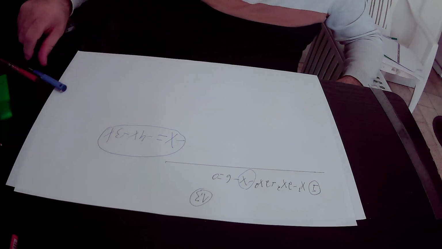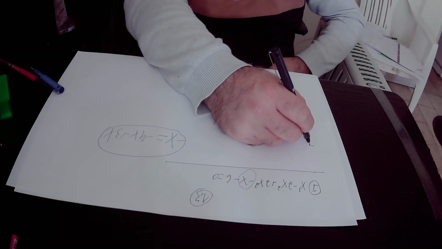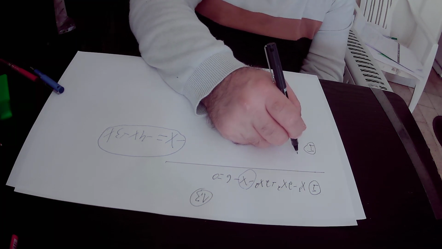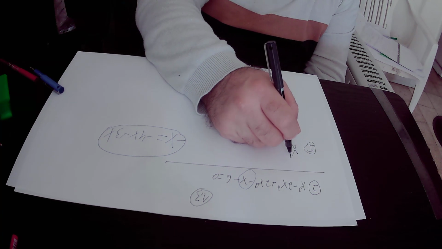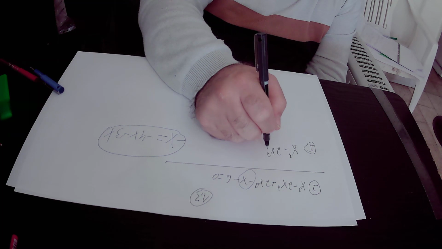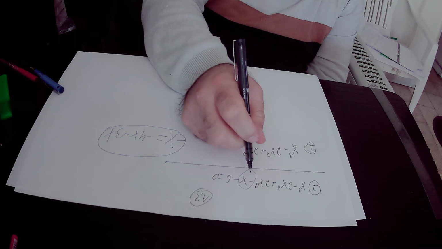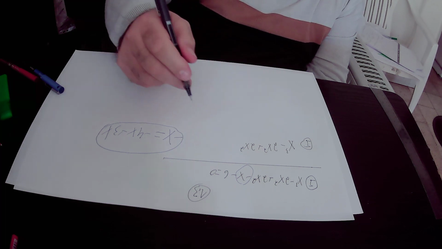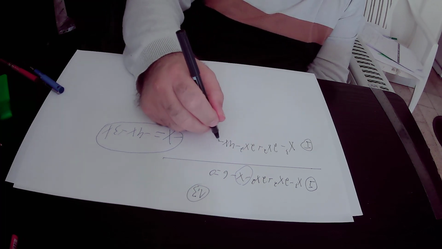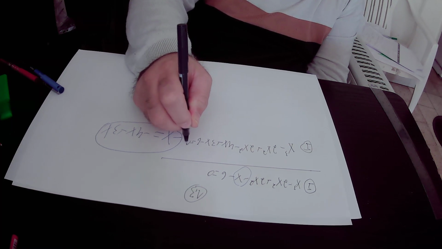We will get x cubed minus 2x squared plus 2x squared, and instead of minus x we will write minus 4x plus 3x, minus 6 equals 0.